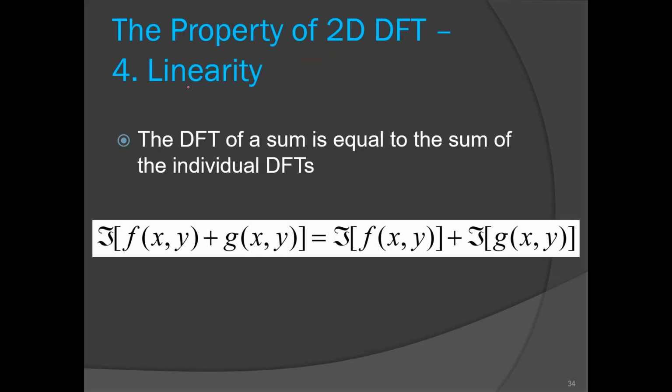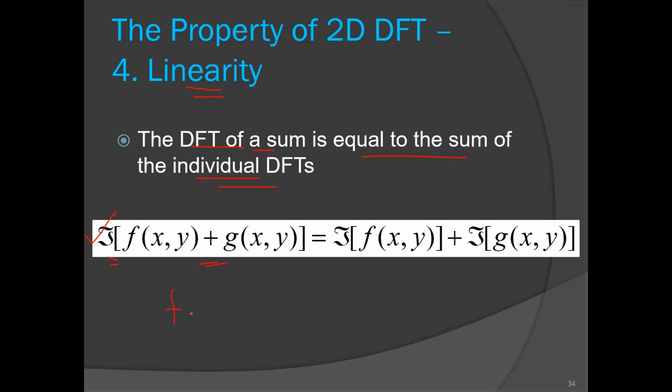The next property is the linearity property, also known as the distributive property. The DFT of a sum is equal to the sum of the individual DFTs. But remember, the Fourier transform is not distributive over multiplication. It is distributive over addition.